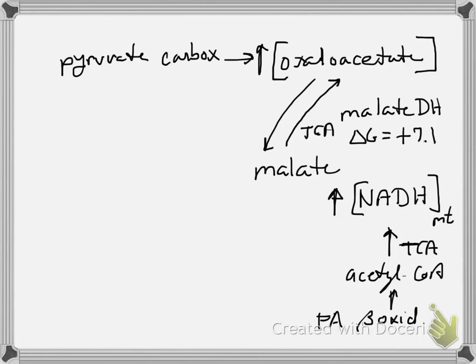Whenever the TCA cycle can function in this high energy state, it keeps the NADH levels very, very high. High levels of NADH, recall, inhibit the forward direction of malate to oxaloacetate because we have a depletion of NAD. Because we have high concentrations of NADH, we have low concentrations of NAD, so thus the redox reaction from malate to oxaloacetate is going to be inhibited because we do not have the cofactor NAD to receive these electrons.